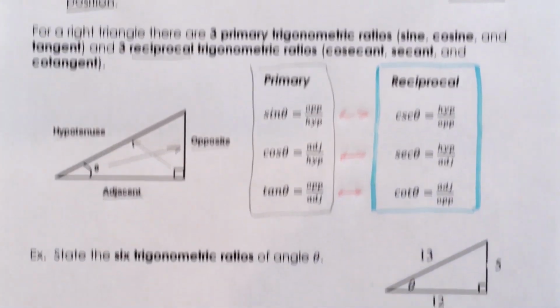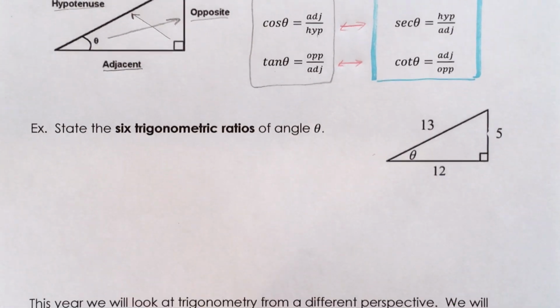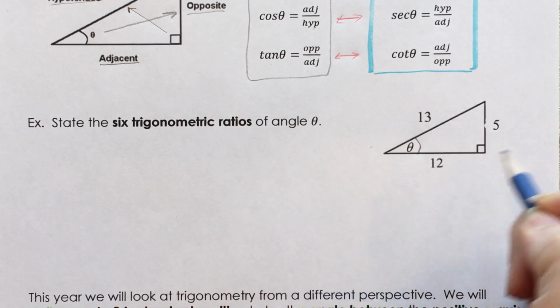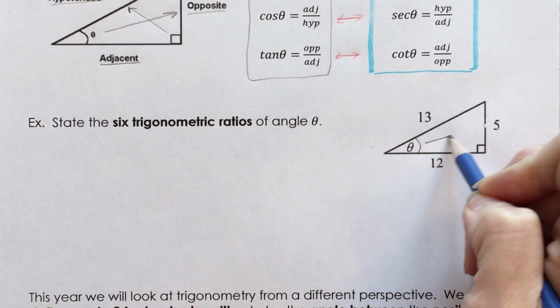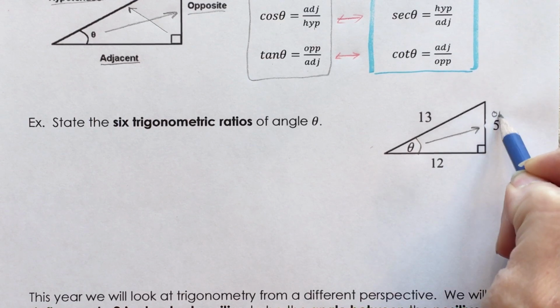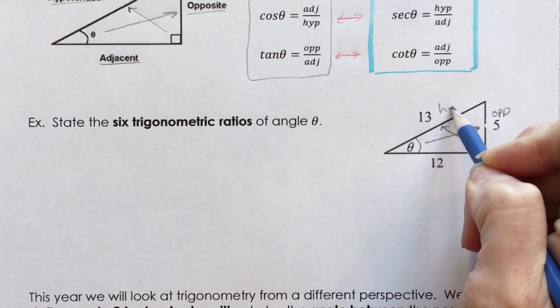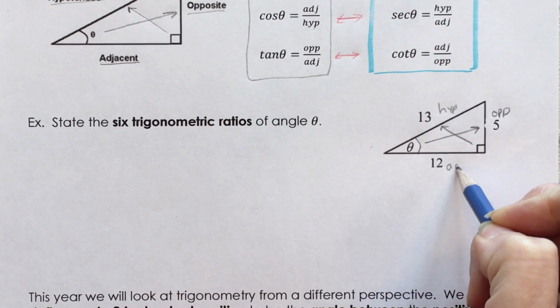So our first question is pretty straightforward. We're just going to use our new formulas. So state the 6 trigonometric ratios of angle theta. So here's angle theta. We know all 3 side lengths. We're going to label them according to angle theta. So here's our opposite side, the hypotenuse, and the adjacent.